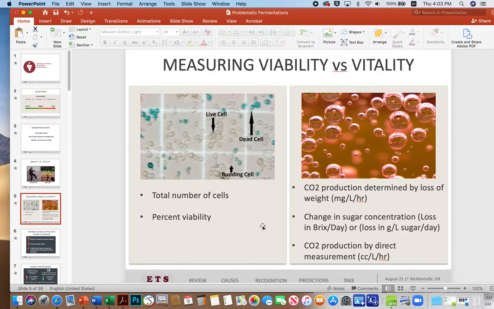And so if you get a chance, maybe you can do a quick Google search to look up the ViCell and how it's used. But it's basically a similar chemistry as this. They're using a dye that can penetrate dead cells but not living cells. So it's a similar concept. But again, you can look that up on Google.